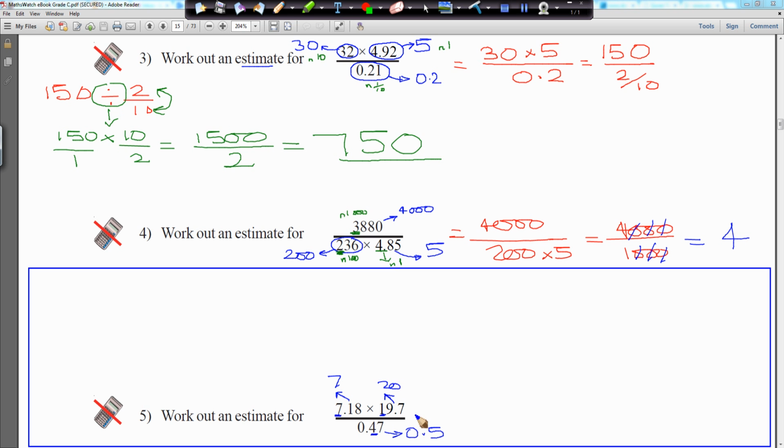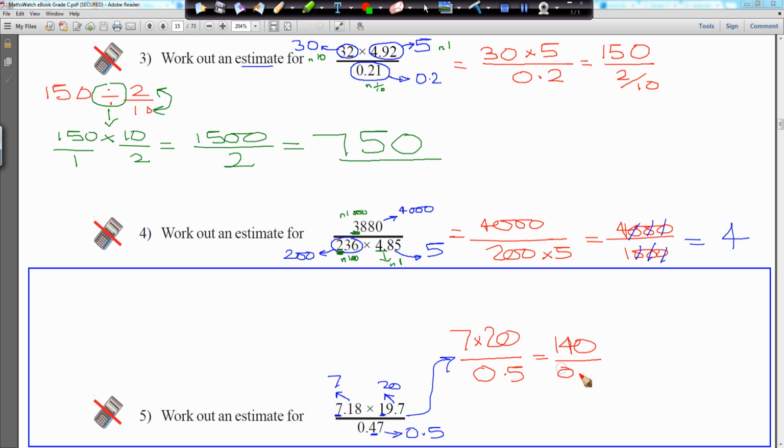Right, I'm just going to go up here now. So we've got 7 times 20 divided by a half, 0.5. 7 times 20 will give you an answer of 140: 7 times 2 is 14, add the 0 back on.